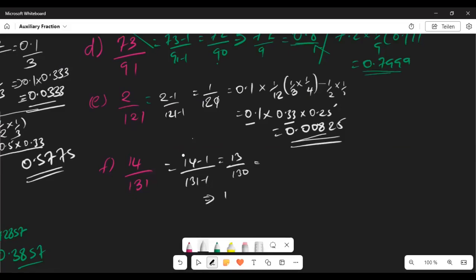We have 1.3 over 13, so this is going to give us 0.1. That's our answer. You quickly get your answer and run away with it.